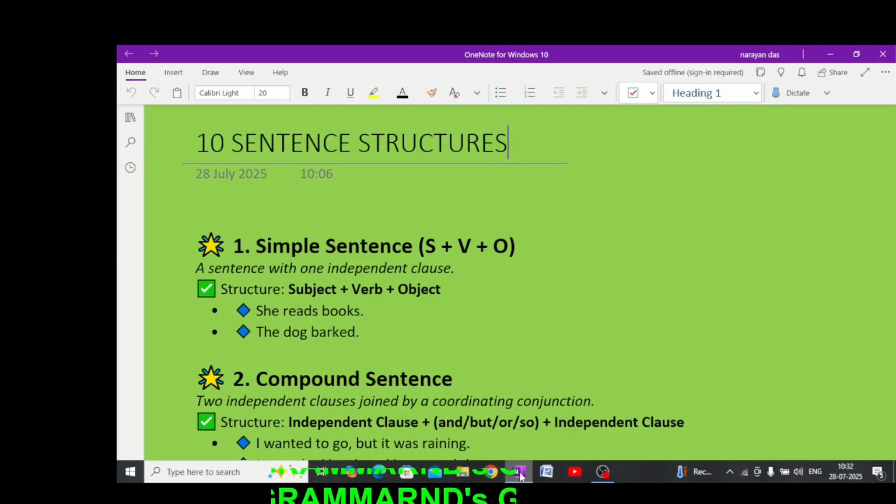So, we can take it like this. First structure, subject plus verb, the dog barked. Second structure, subject plus verb plus object, she reads books. You can make similar sentences of your choice and learn them and practice the structure.